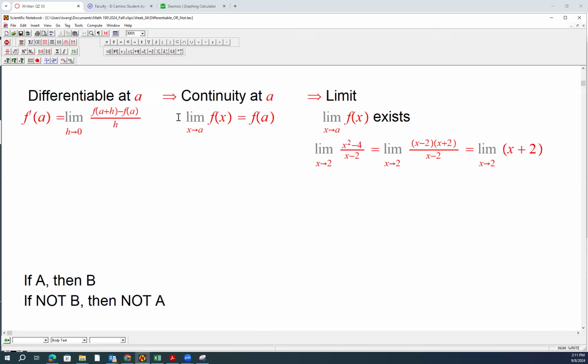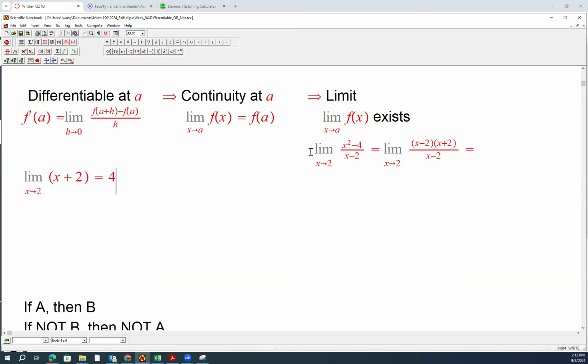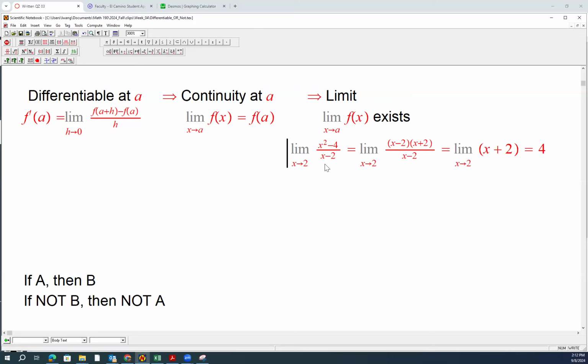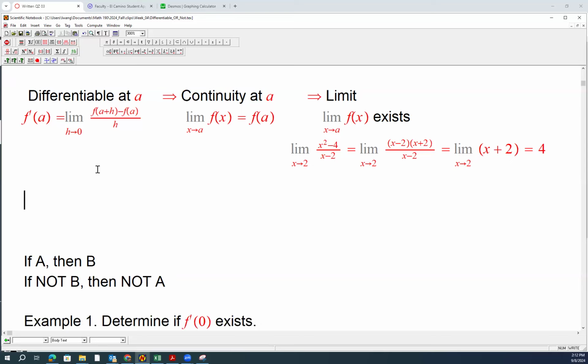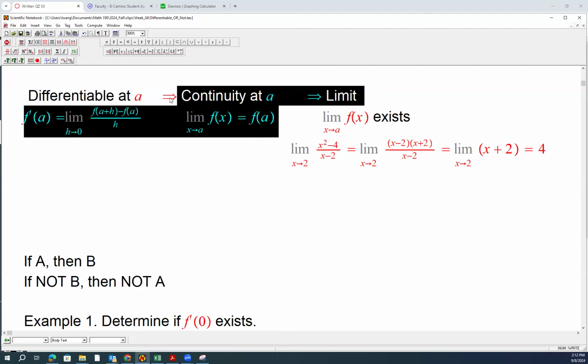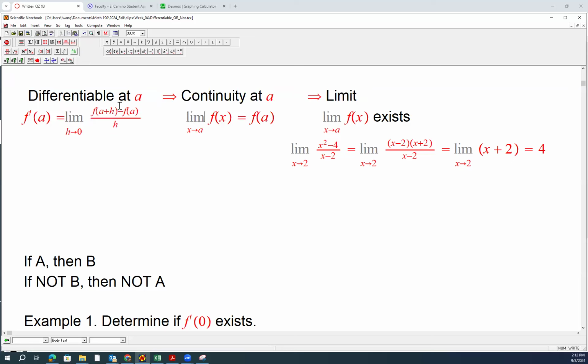Then it becomes a direct substitution. So the limit is 4. But this example tells us that the limit exists, but it's not continuous. We have plenty of such examples. If you recall all the homework you have done, many of them fall into this category. So limit does not guarantee continuity. And continuity does not guarantee differentiability.